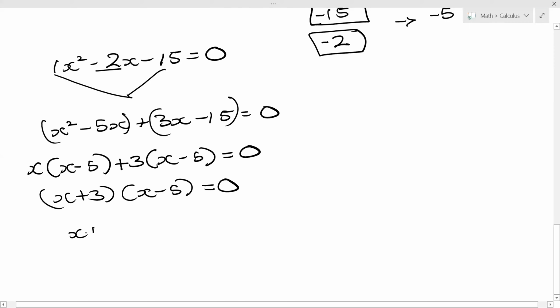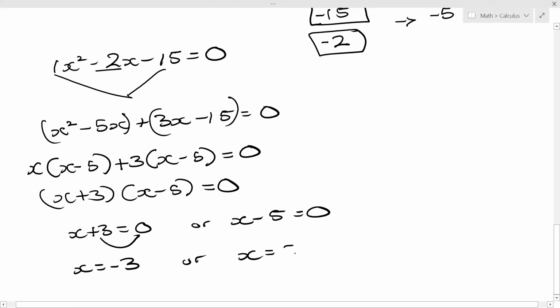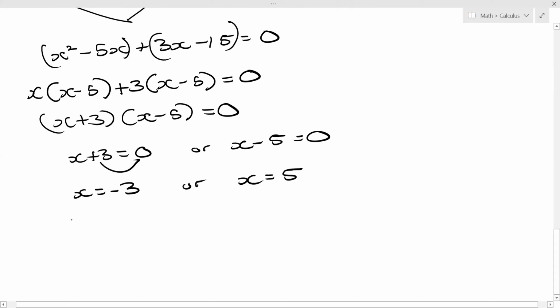So it means that x plus 3 is equal to 0, or x minus 5 is equal to 0. This means that x equals -3, or x equals 5. So x should not be equal to -3. x should not be equal to 5.